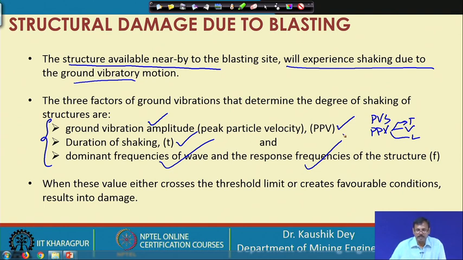But the difference is that an earthquake, which happens at a very long distance, carries a high magnitude ground vibration, whose amplitude is high, but not only is the amplitude high, the duration of shaking is also very long, maybe 5 seconds, 6 seconds, 7 seconds. And as the source of the earthquake is at a very deep part of the earth, when the wave reaches the surface, its frequency is very low.